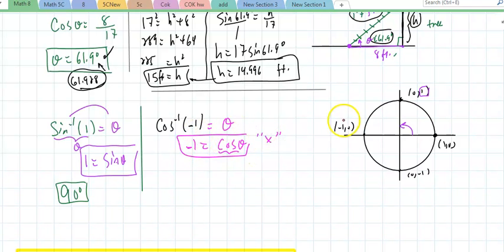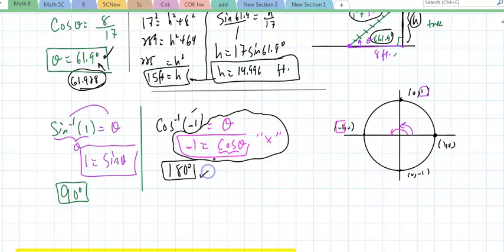Look at the unit circle. X equals -1 only in one place. What's that angle? The answer is 180 degrees, or pi radians, depending on whether you're doing this in degrees or radians. And that would be it for this section.